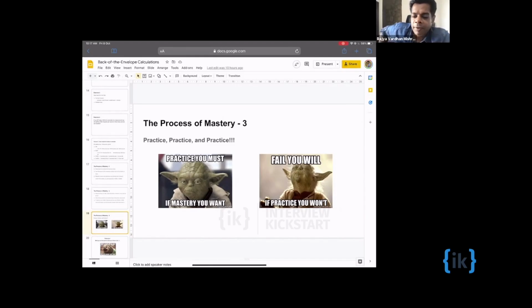Again, there are no hard and fast rules here. You just have to go with your gut feeling and your common sense, and of course discuss your assumptions with the interviewer. That is very important. Whenever you are making assumptions, tell the interviewer, hey, I'm assuming this.